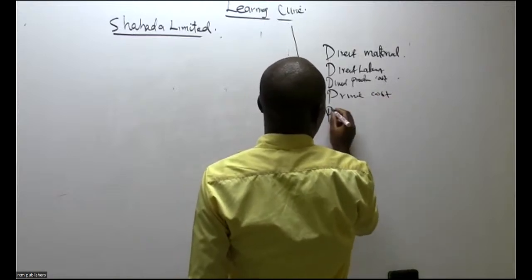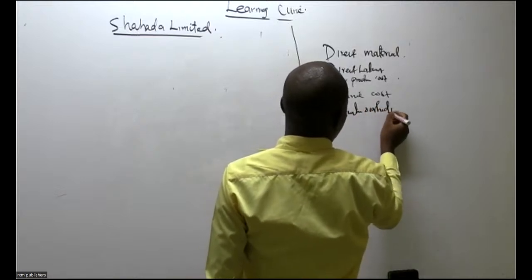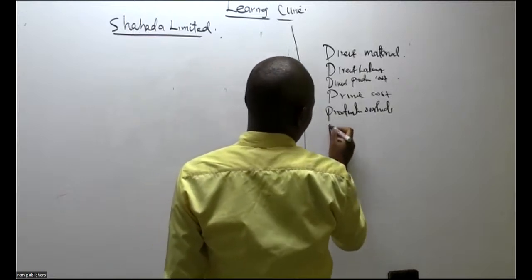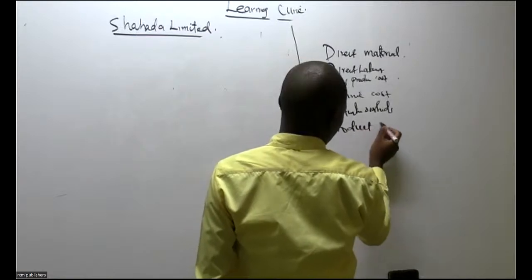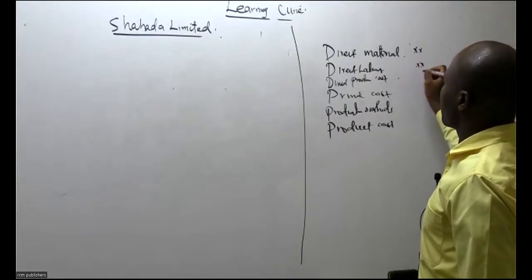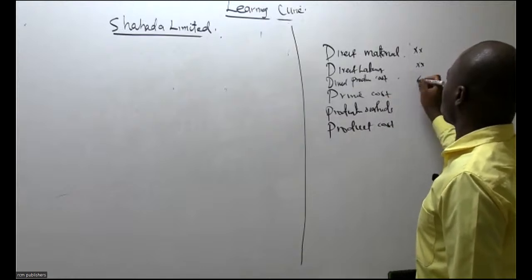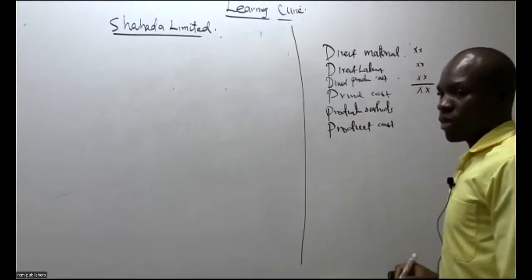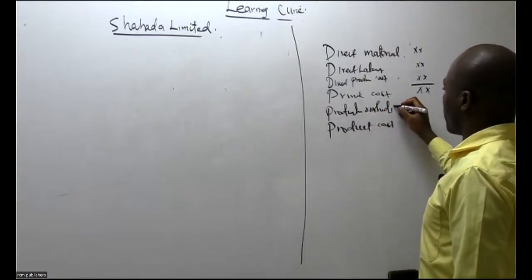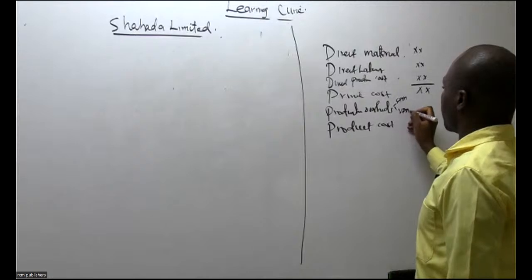When we add production overheads, which are divided into two, the variable and the fixed, then it should give us the product cost. After getting prime cost, we add production overheads, which we know very well. We have fixed production overhead, we have variable production overhead.